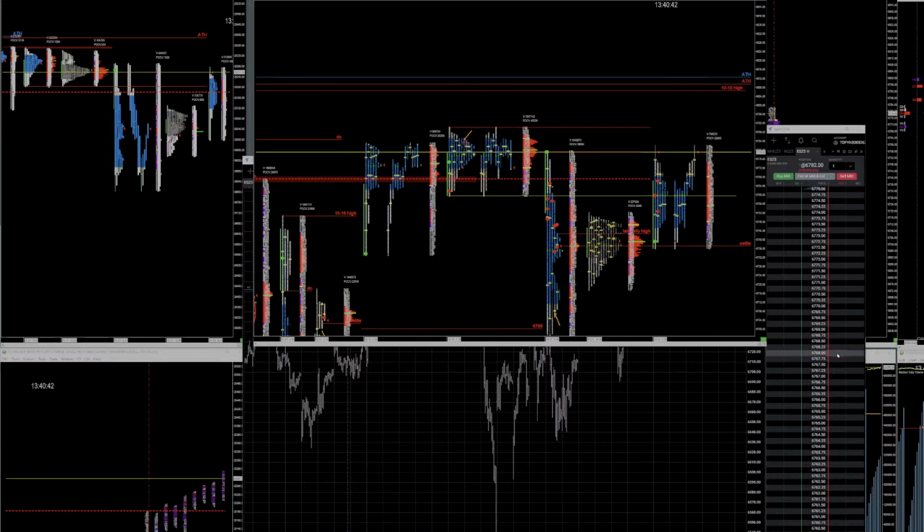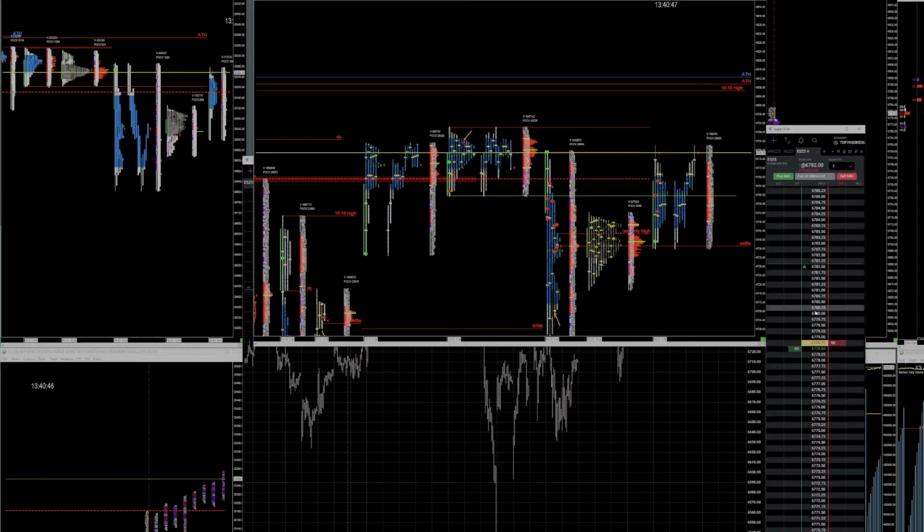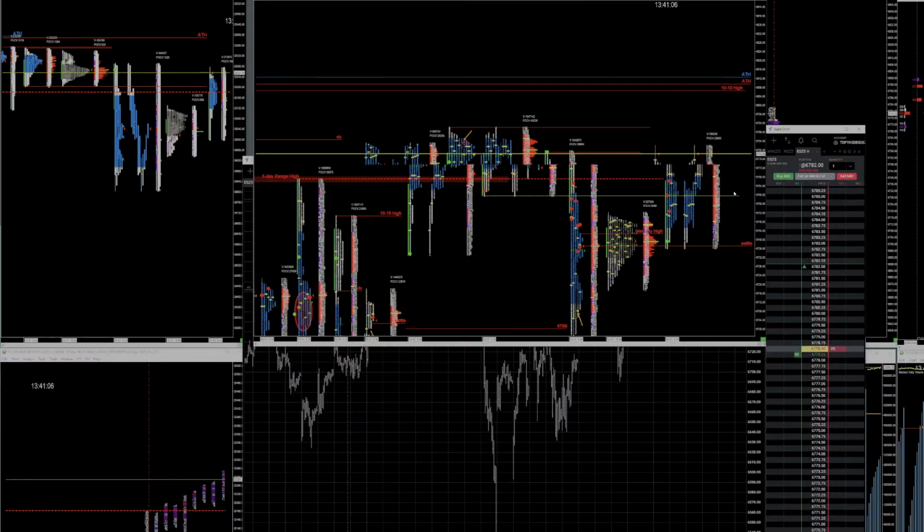Yeah, 68. Let's put a temporary stop there. Okay. All right. So this can be a look above and failure as well. Let's see how long we can stay in this trade. And let's start to monitor this one here.